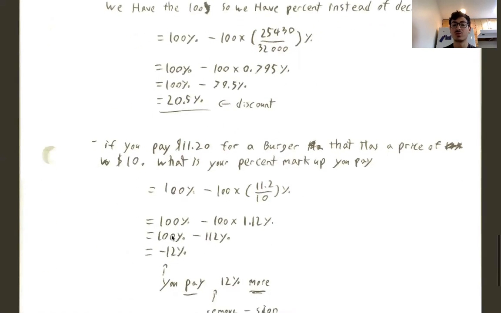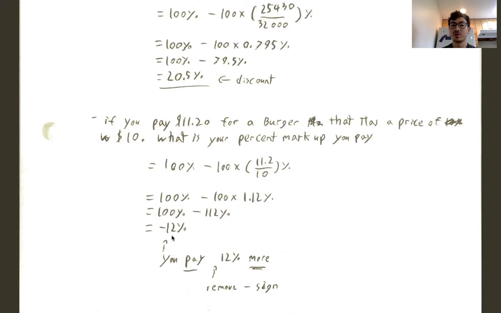Okay, so let's look at a percent markup now. Let's say you buy a burger that's listed as $10 and you pay $11.20 for it. I'm going to figure out what percent markup you pay. So again, we put in 100% minus 100 times the sale price of $11.20 divided by the ticket price of $10. And this is going to give us 100% minus 100 times 1.12.